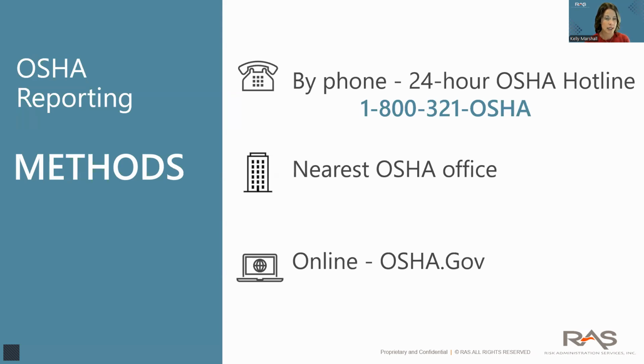Any kind of questions, again, about the electronic submission of your OSHA logs, you can find that specifically on OSHA's injury tracking app page, again, on their website. They also have some samples and templates available if that's something that you're looking for and haven't done that in the past.